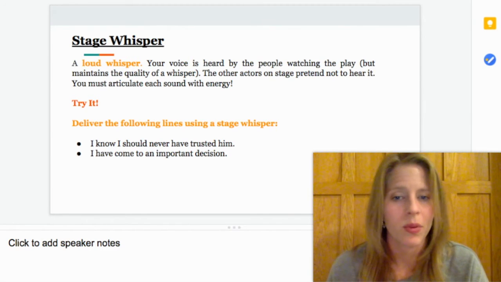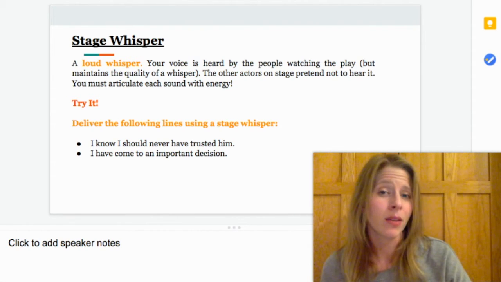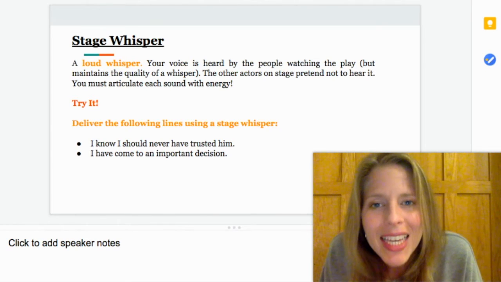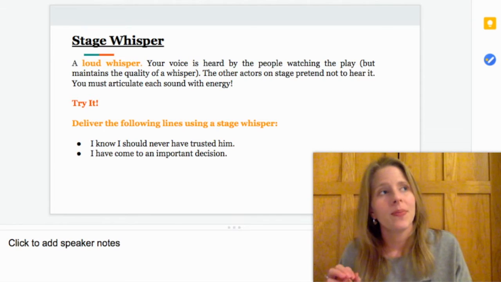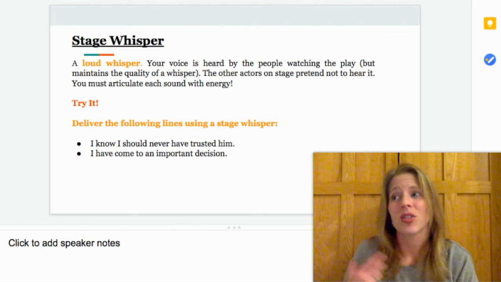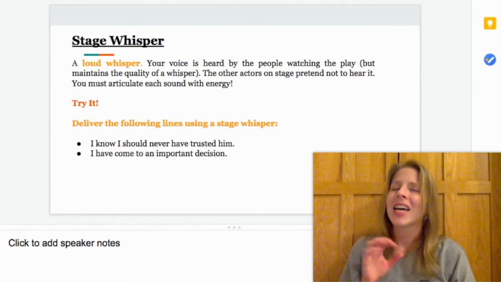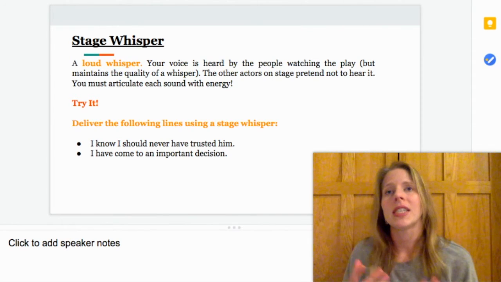So a loud whisper. So your voice is heard by the people watching the play, but maintains the quality of a whisper. Now, normally, if I'm going to whisper, I'm going to be really quiet like this so that the person near me can't hear me, right? But I have to have the audience hear me too. So I got to make sure that I whisper loud enough so the audience can hear me, but it has almost like a filter, if you will, of a sound.